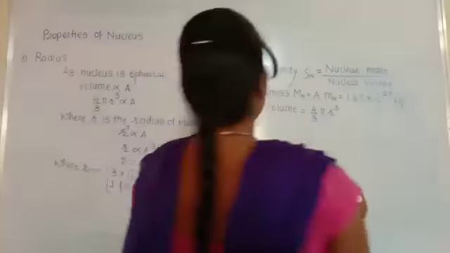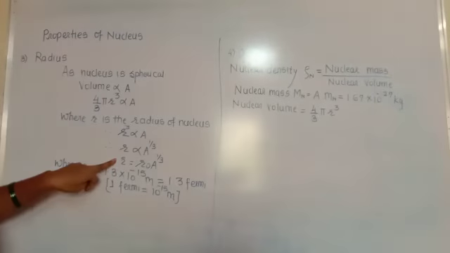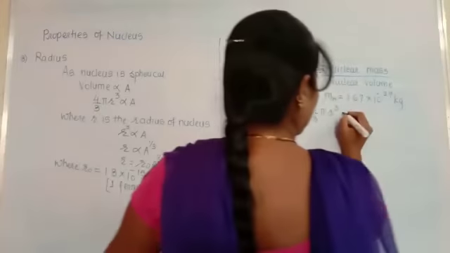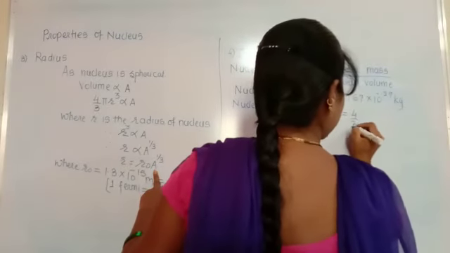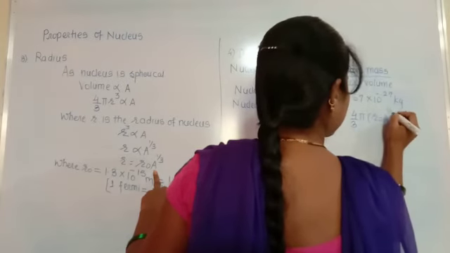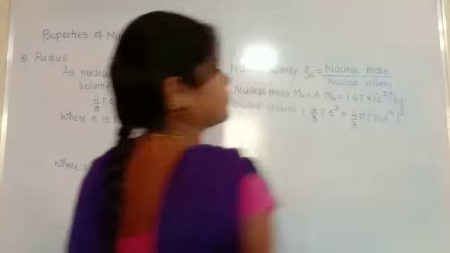We have the value of r. So r is equal to r0 A to the power 1/3. Put this value, we get the new value, 4/3 pi, r0 A to the power 1/3, and cube.